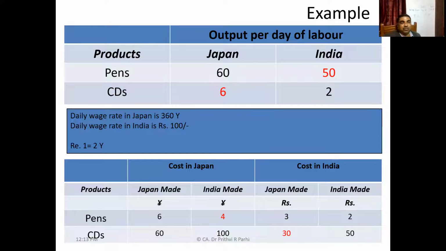Now, this is the cost in Japan. Now we'll see what will be the cost in India, in two situations: if products are made in Japan or products are made in India. First, if products are made in Japan. We have already seen that per pen cost will be 6 yen. 6 yen means how much in Indian rupees? 3 rupees.